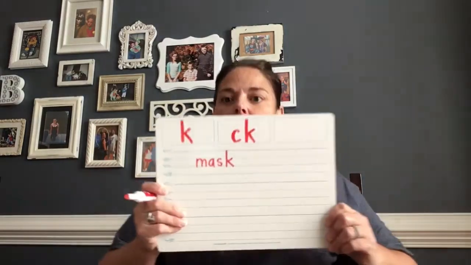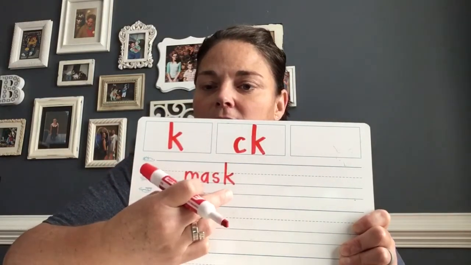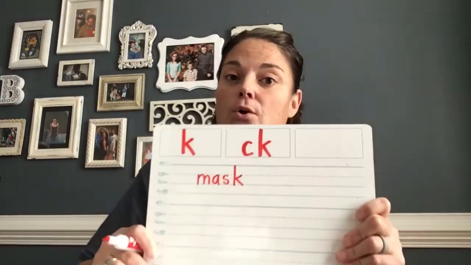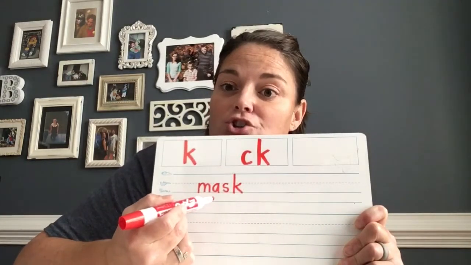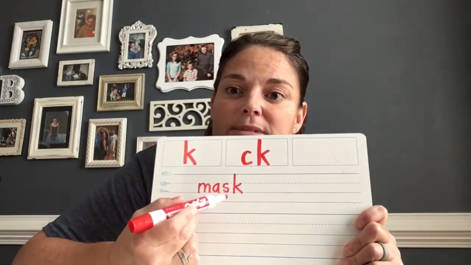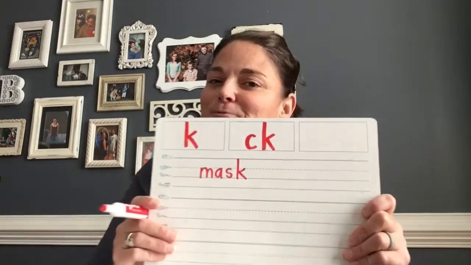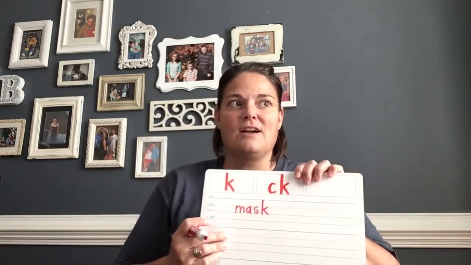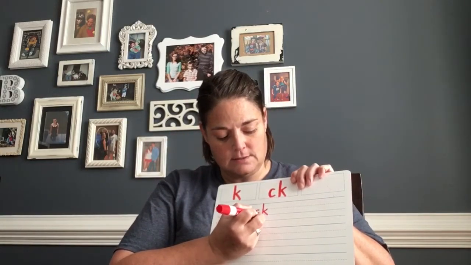How did you spell mask? Did you use the K? I hope so, because the K does not come after the short A sound. It comes after the consonant, S. There is a way to mark this one. Do you remember? SK. It's a blend. We can hear both consonant sounds. S, k.